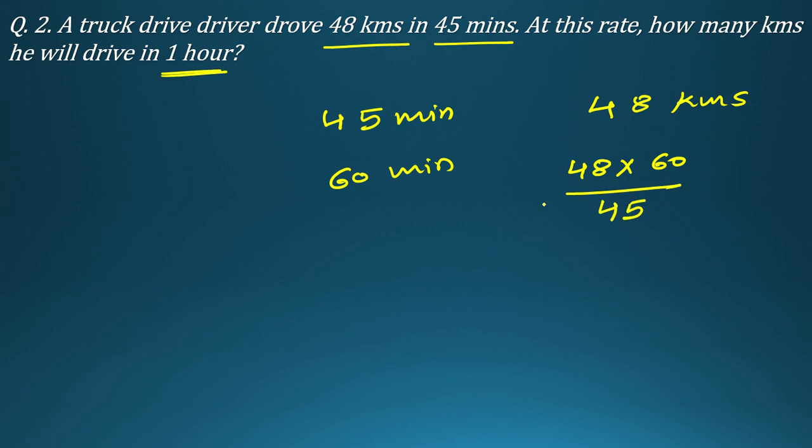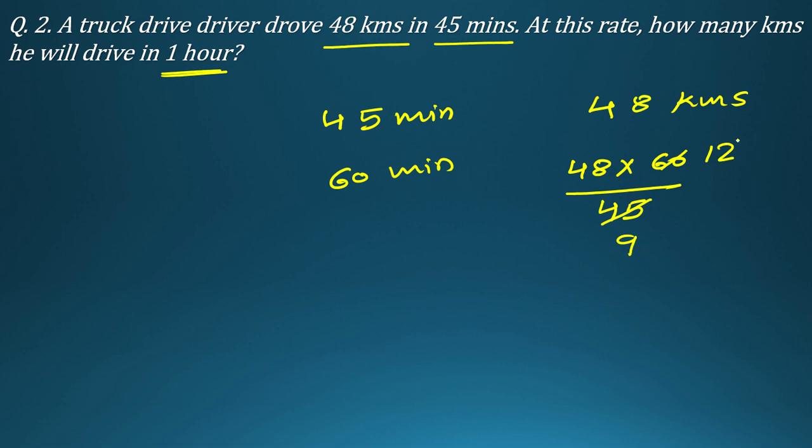Okay. Now in this calculation you will have to be a little careful. Now see how you will do this. 60 divided by 45. We cannot divide 60 by 45. So by which number can you divide? By 5. If you divide 60 by 5, you will get 12. If you divide 45 by 5, you will get 9. Again 12 cannot be divided by 9.